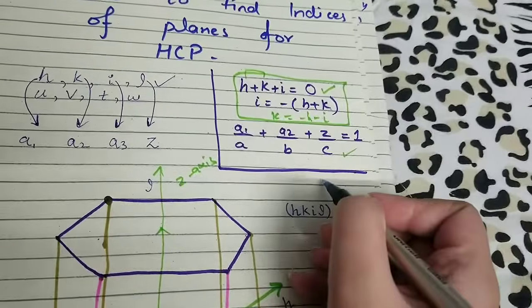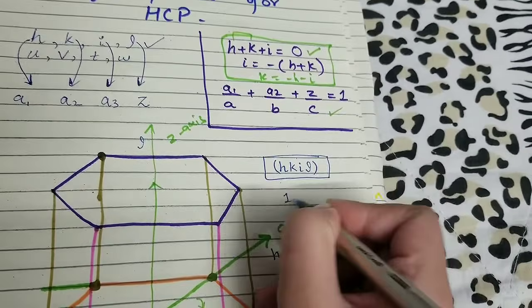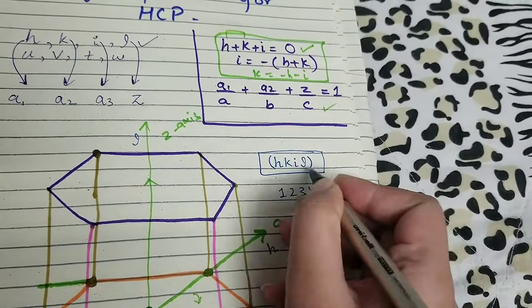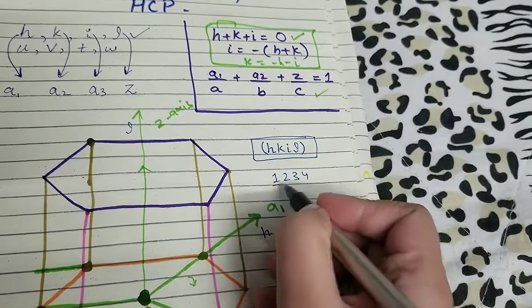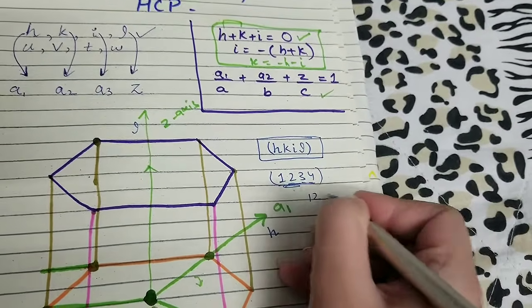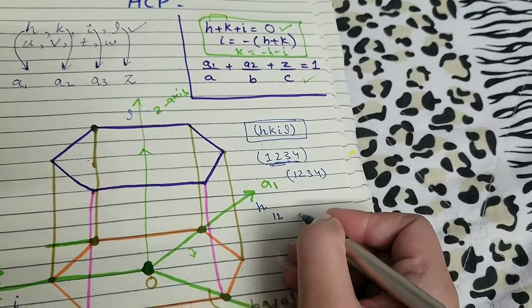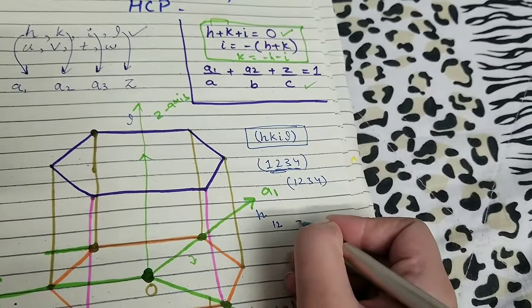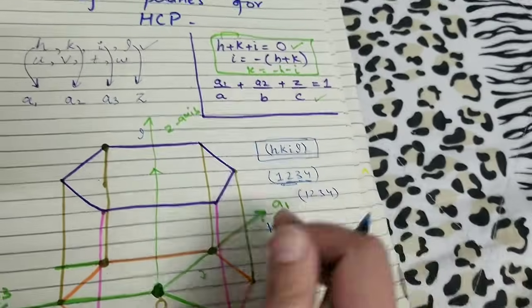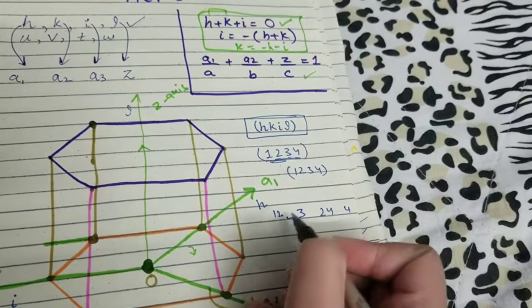And if we, for example, have single values, for example 1 for h, 2 for k, i is 3, L is 4, single values, then we write them like that, enclosed in brackets, 1 2 3 4, like that. But if we have, for example, 12 for h, and for example k is 3, i is 24 and L is 4, then we have to put a space between those numbers which are double digits.